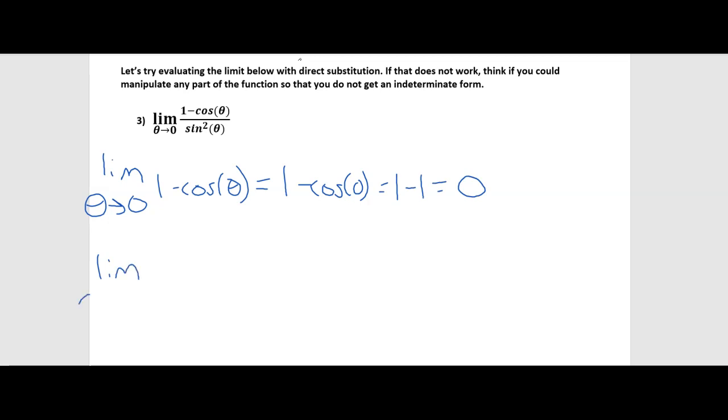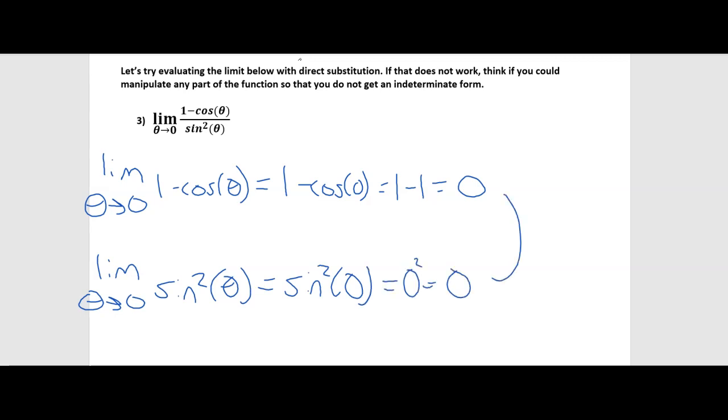My denominator, sine squared of theta, is going to be equal to sine squared of 0, which is 0 squared, which is 0. So we do get an indeterminate form here. I'm going to erase this because I am running out of space, but maybe you were able to squeeze it in there a little better than I was.